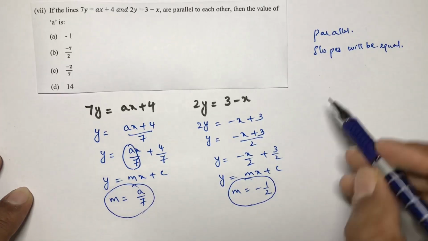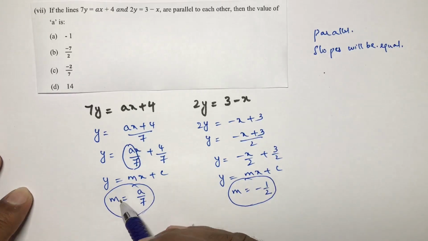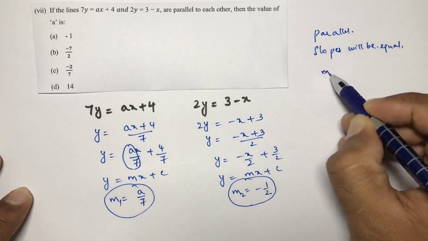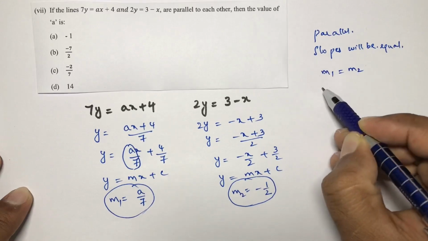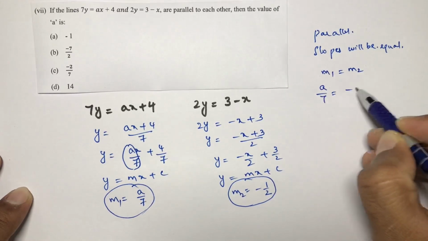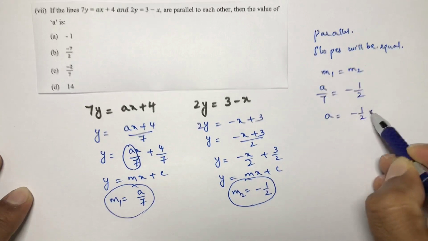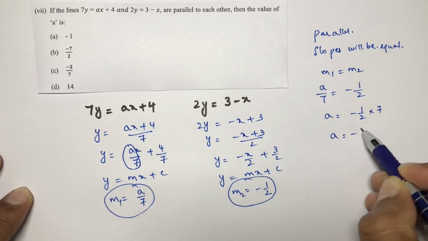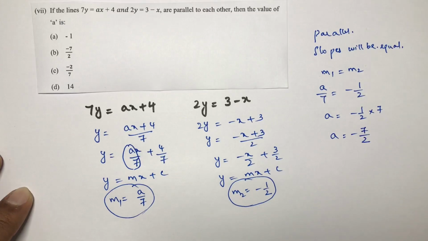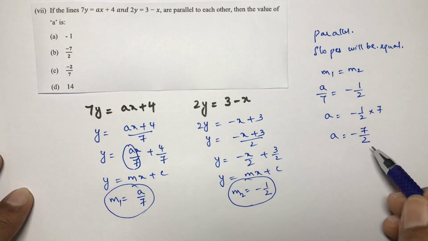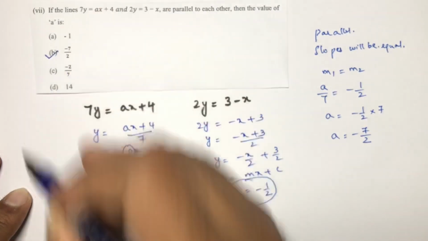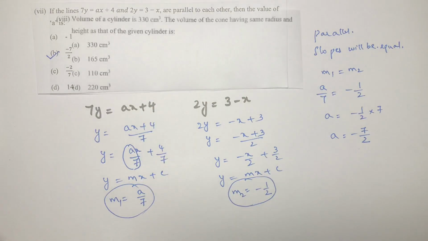If you name them m1 and m2, then m1 equals m2. So a by 7 equals minus 1 by 2. So a equals minus 1 by 2 times 7. So a equals minus 7 by 2. So the correct option is B. The value of a is minus 7 by 2.